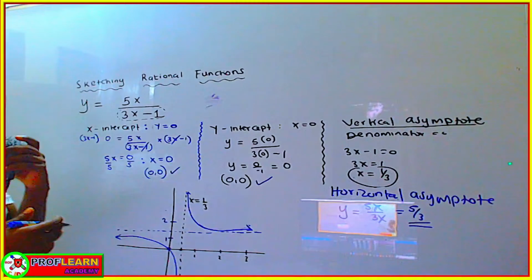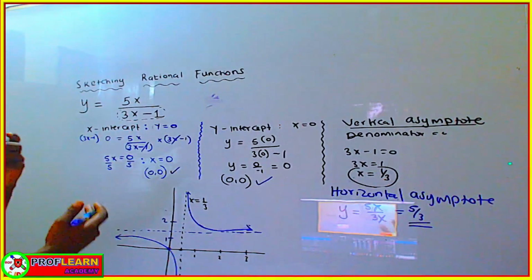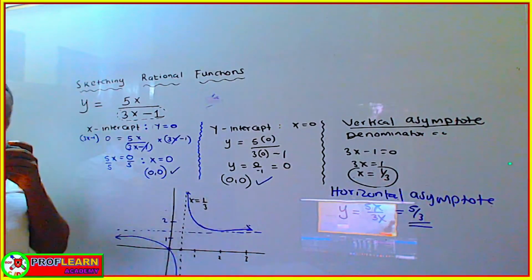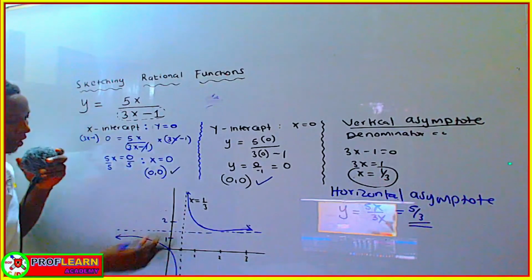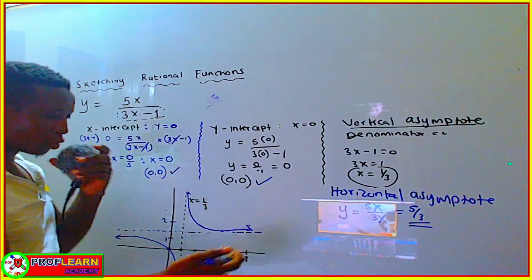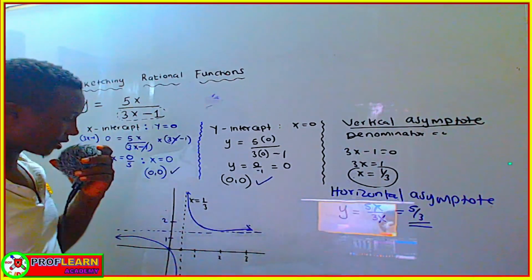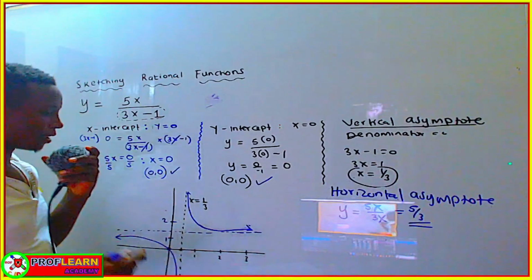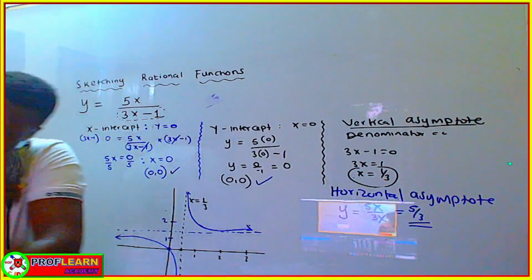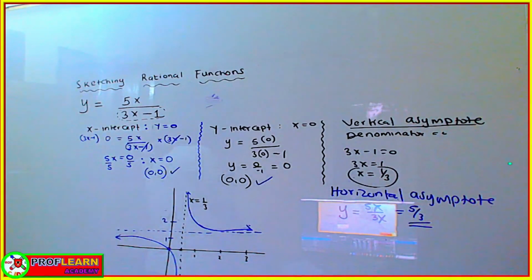Now from this point, I need to take you into Desmos so that we can see whether this graph is going to behave like this. We try to sketch this in Desmos, see how the graph looks, and compare it with the sketch that we have obtained.